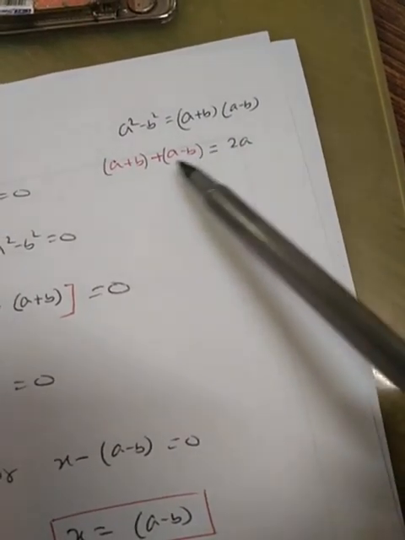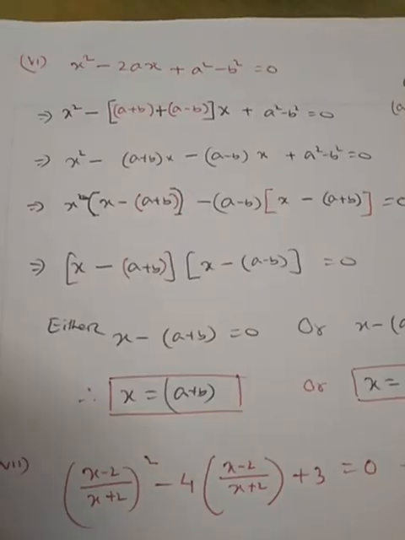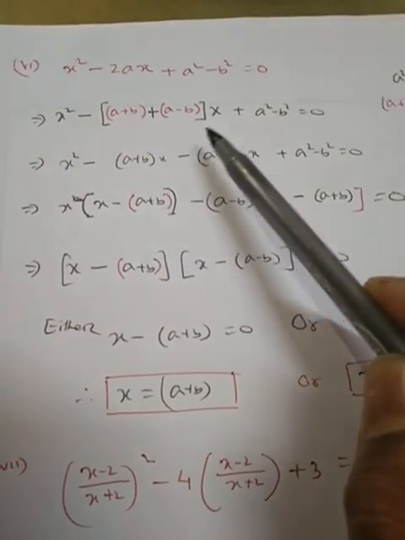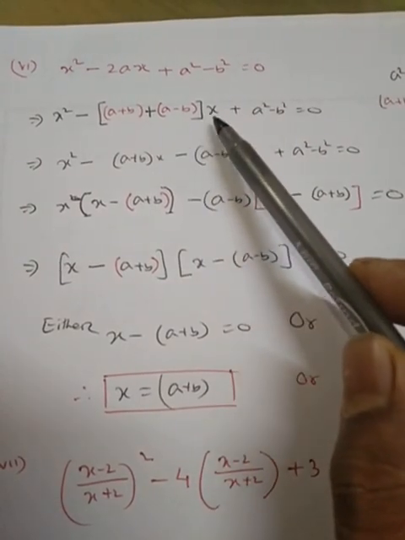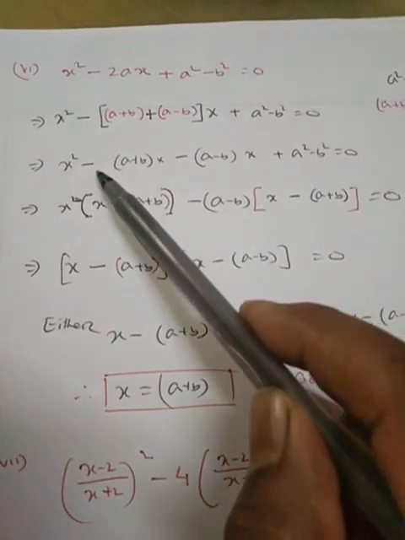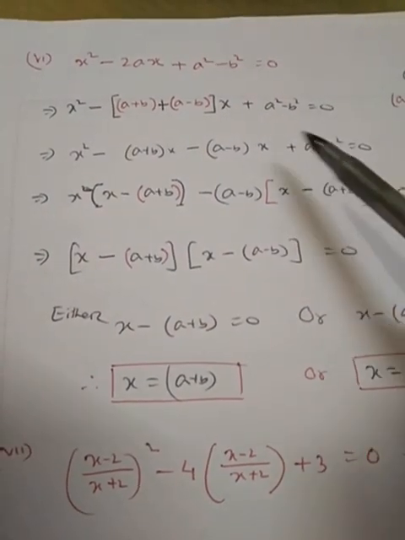So in place of 2a we can write this 2 as a factor. So then a plus b into x and then a minus b into x, but this sign is minus, so both the signs will be minus here, and this will be the same as it is.